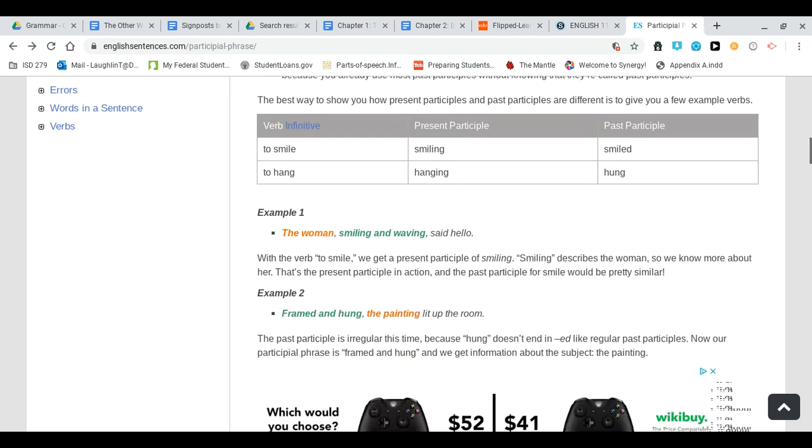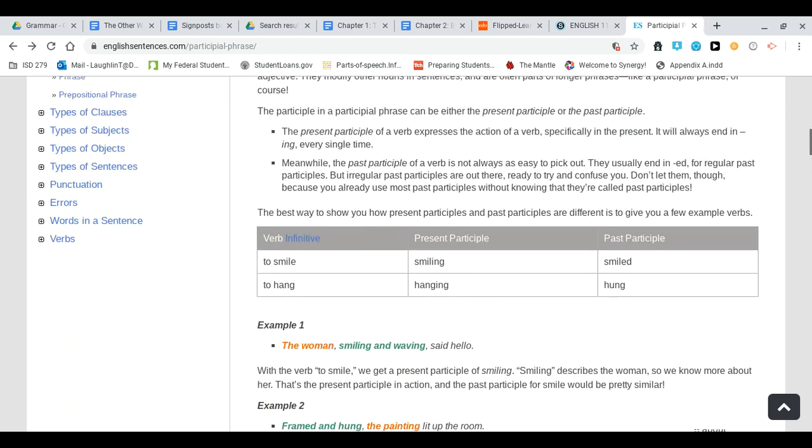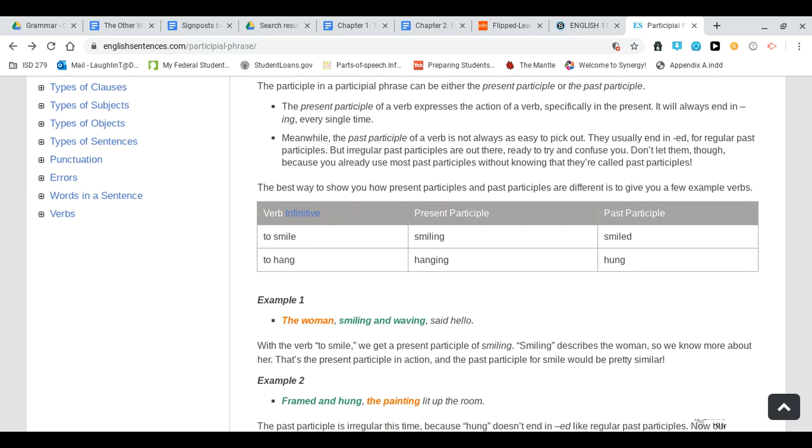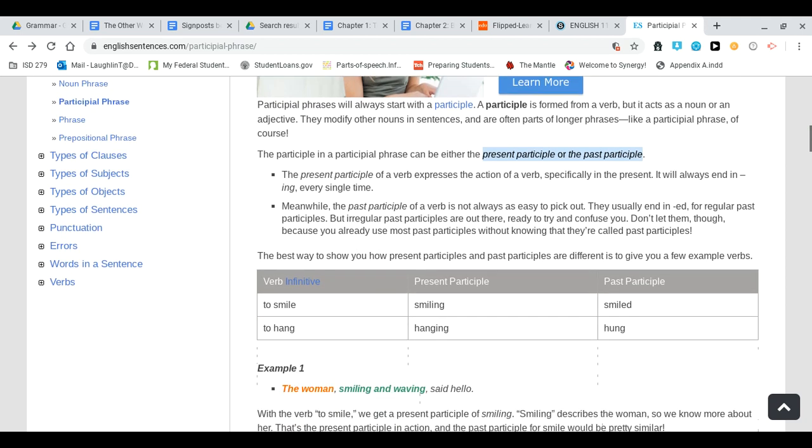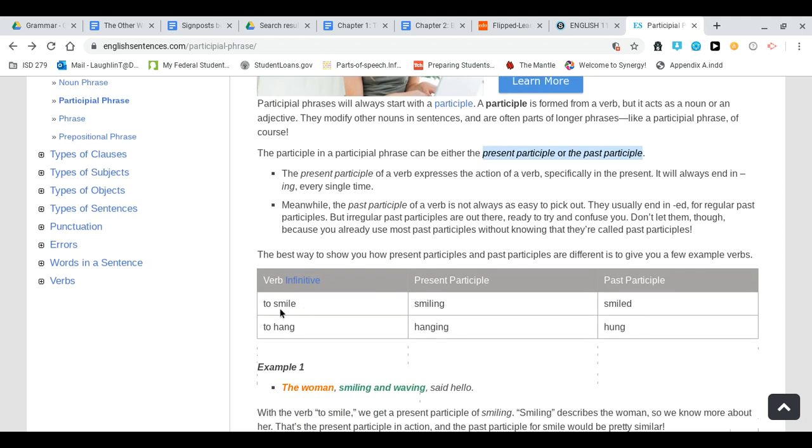Okay, we have an example here, I'll scroll up here. So we're getting into more technical territory. Sorry, first time using this, so it's a little touchy. What we're looking at here is the present and past participle. Now that sounds really fancy, but if you look here, we start with an infinitive, which is just to plus a verb.